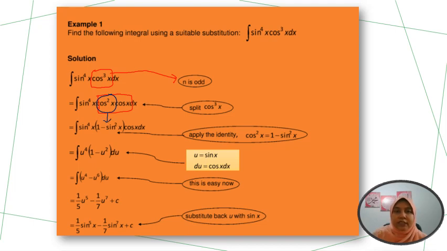We apply the trigonometric identity number 1, which is cos square x plus sine square x equal to 1. So cos square x equal to 1 minus sine square x.